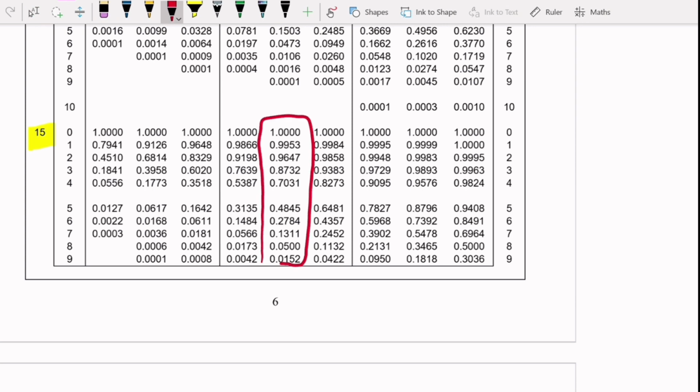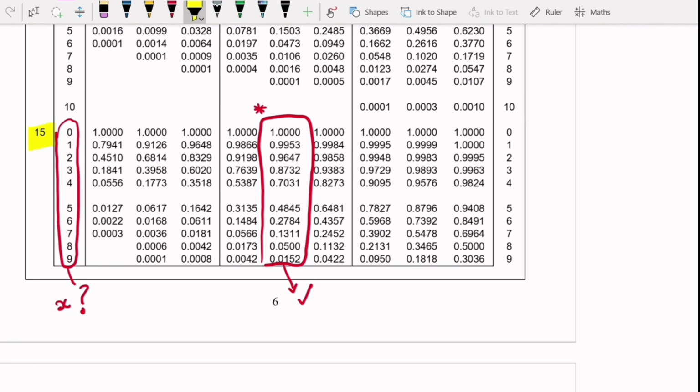Now we don't know which x value, so we will look at what value of x will give 0.05.